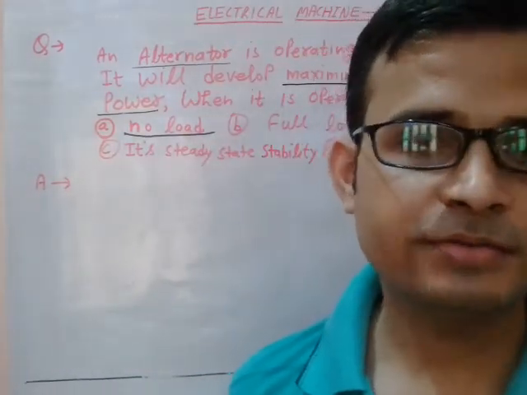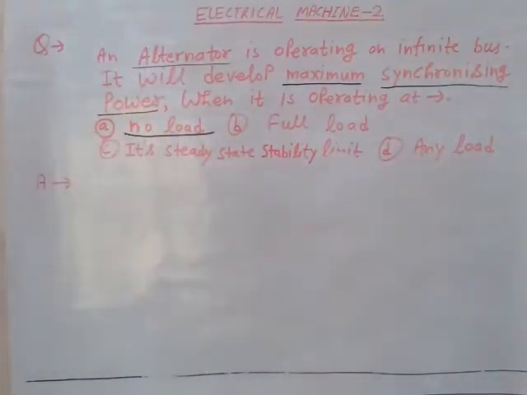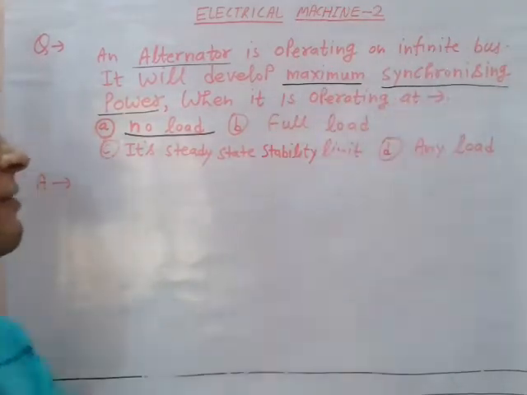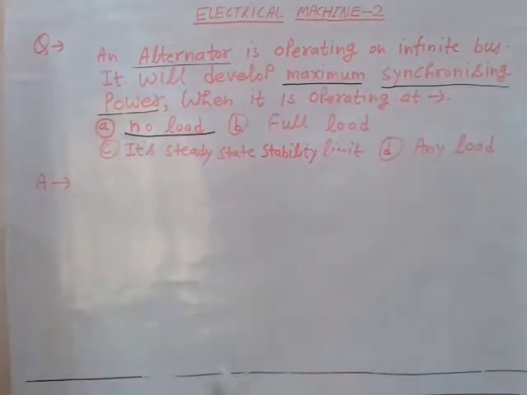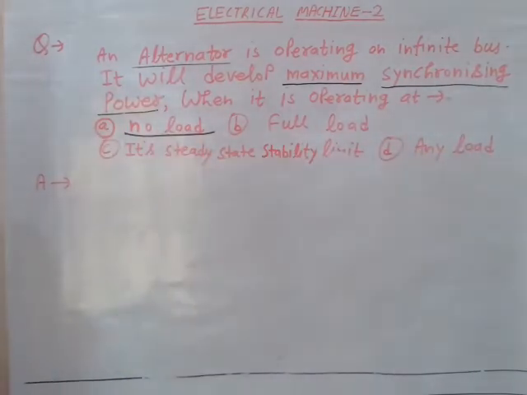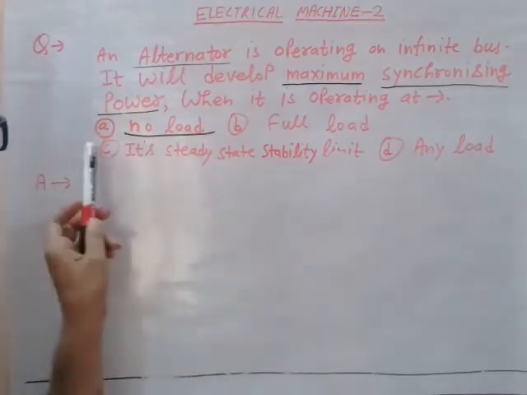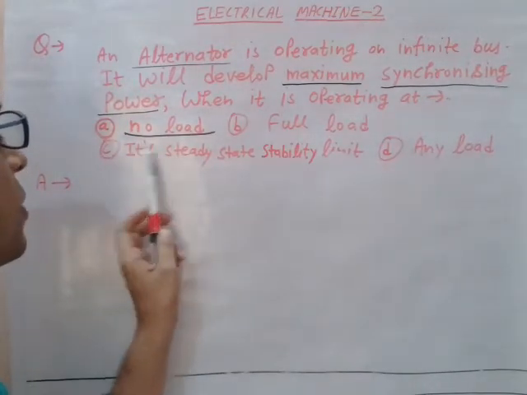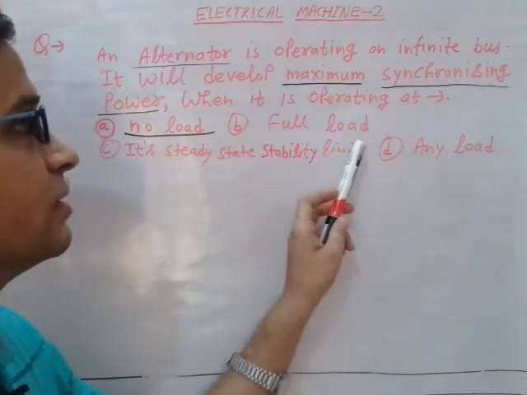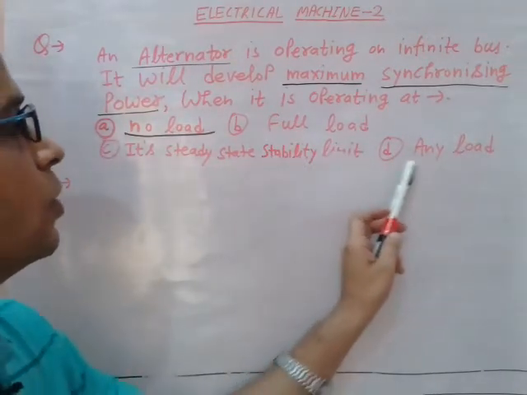So this question has been asked in the examination. Just read the question statement. An alternator is operating on infinite bus. It will develop maximum synchronizing power when it is operating at no load condition, or full load condition, or steady state stability limit, or any load?